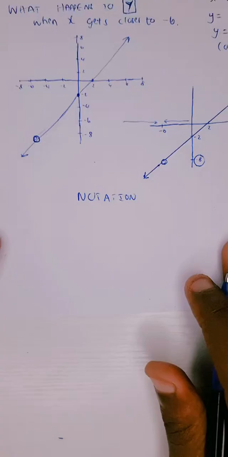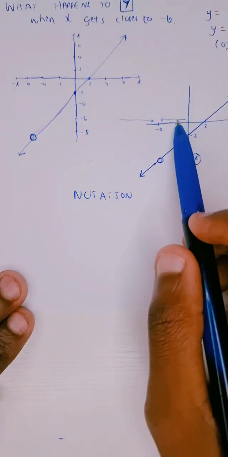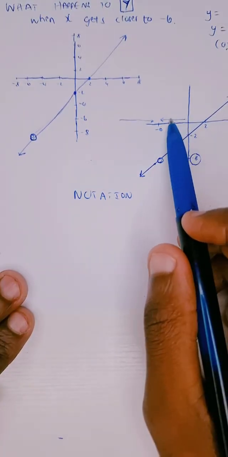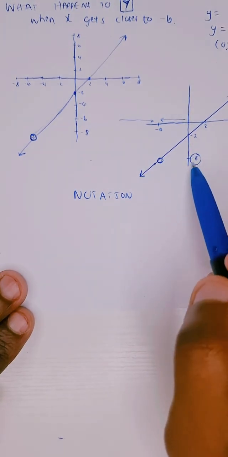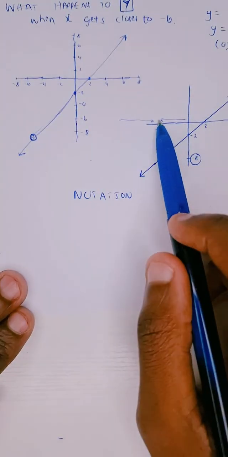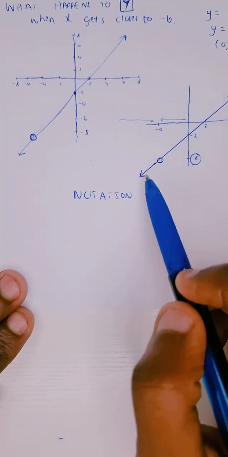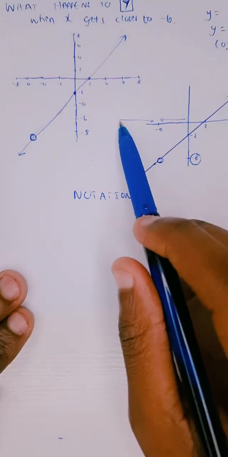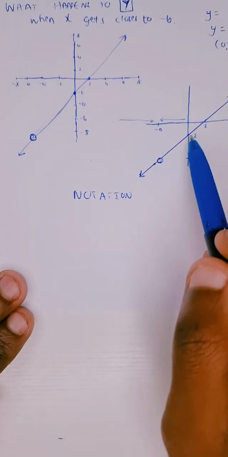As x approaches negative 6 from the right, y gets closer to negative 8. As x approaches negative 6 from the left, remember, as x increases, y is also increasing for the straight line.